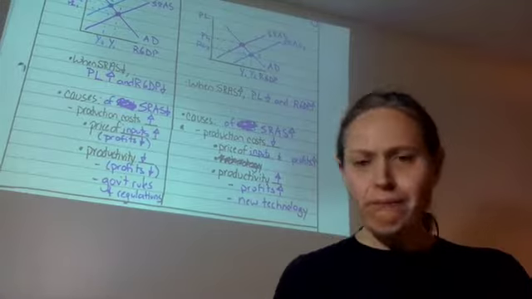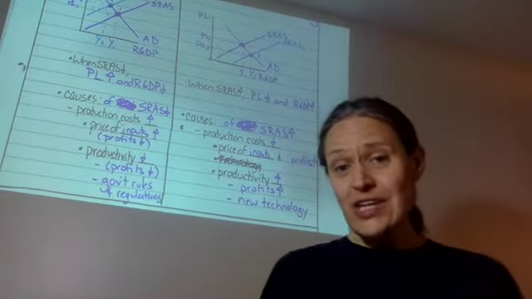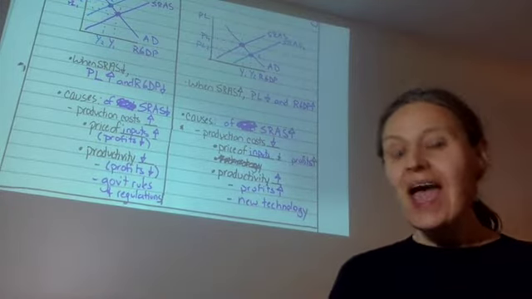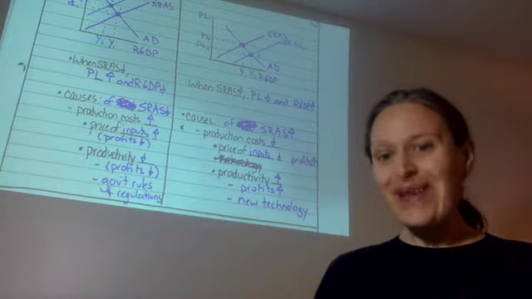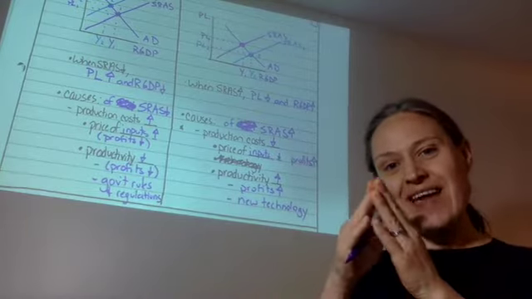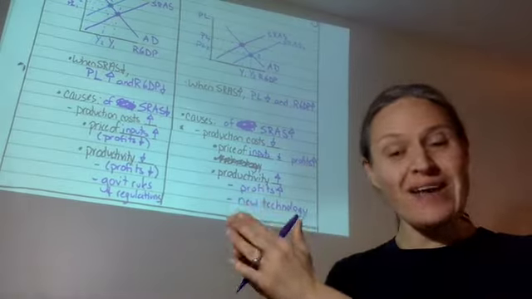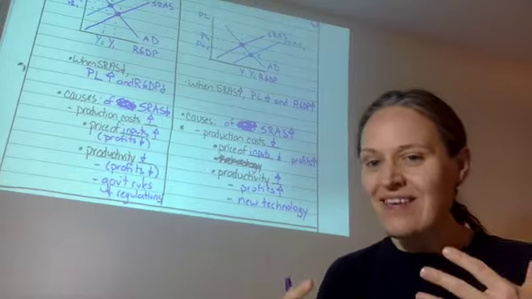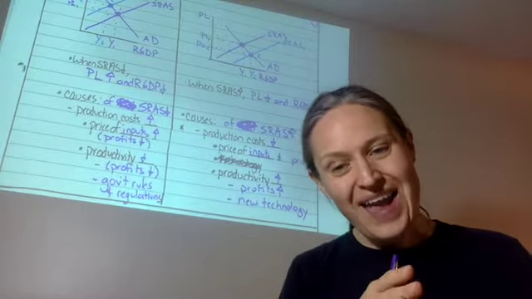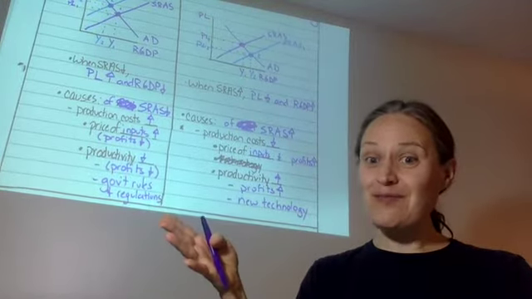So if businesses have new technology, it often means that then they can be more productive and have higher profits, which makes that short run aggregate supply curve go to the right or increase. Because whenever they can make more profits, more people want to supply that product, which means our short run aggregate supply goes up.